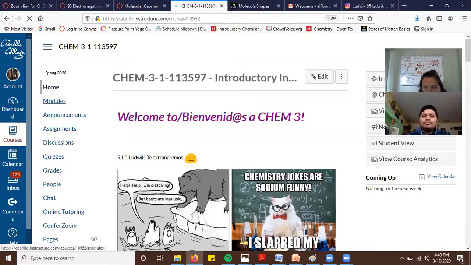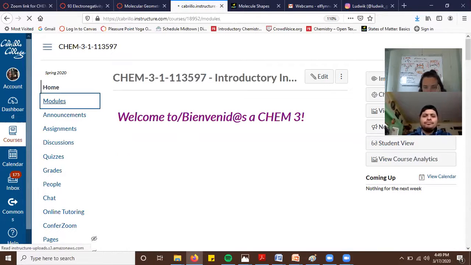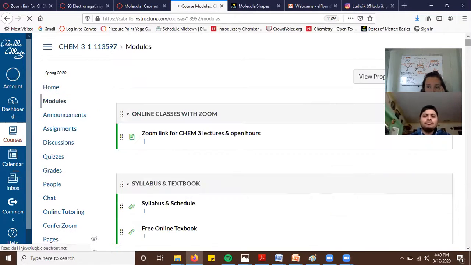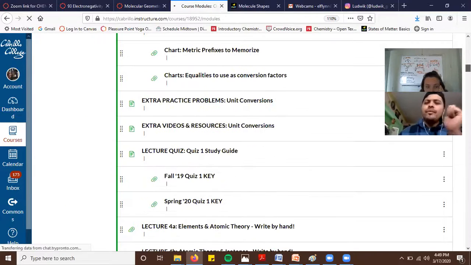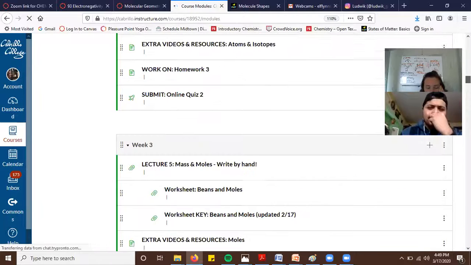Modules, so we're in week 8. So yeah, it's probably Lewis structures for any type of molecule. So do we have to memorize the shapes?